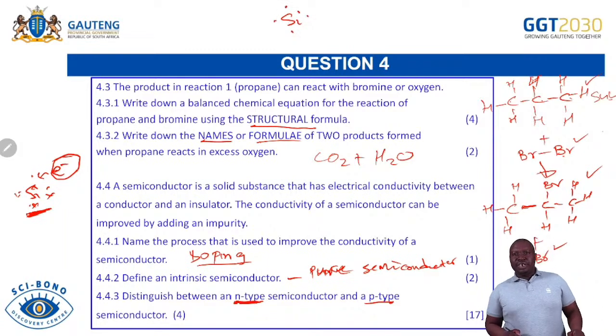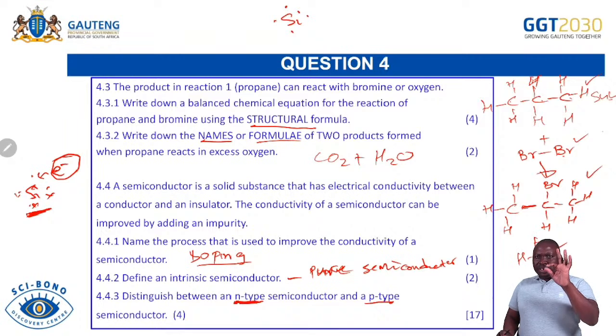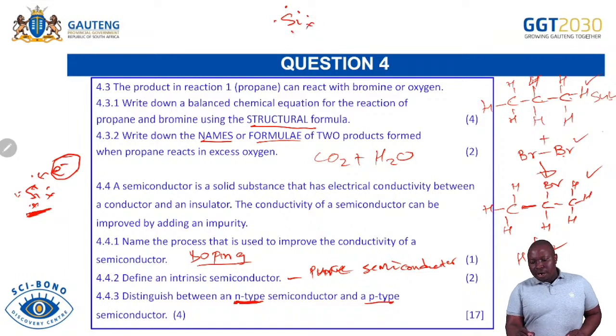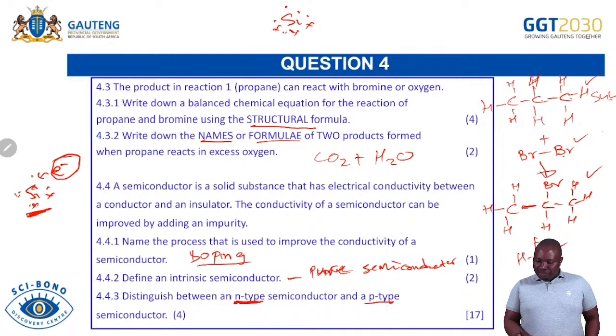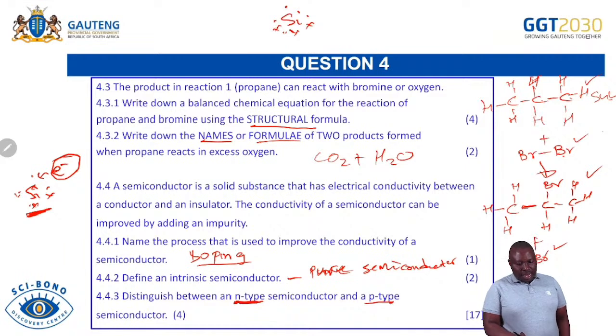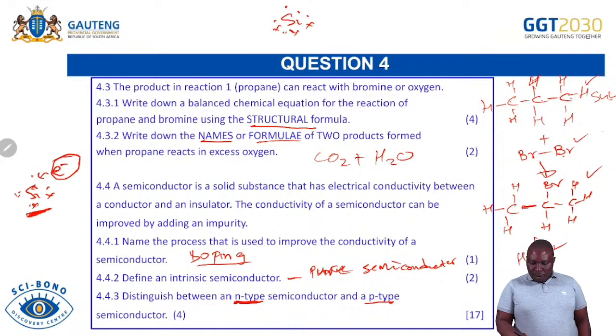So if you bring, for example, boron, which is trivalent, which means it has 3 electrons in the outermost energy level, obviously there will be 1 positive hole that is not filled with electrons. So hence now we'll have the P-type. So you must be able to know the positive type and the negative type. I hope you got that, and we can move.